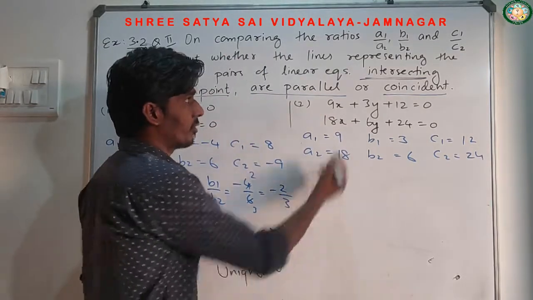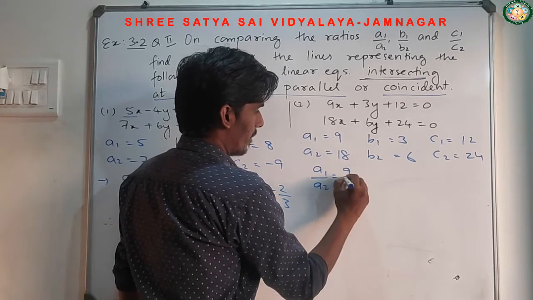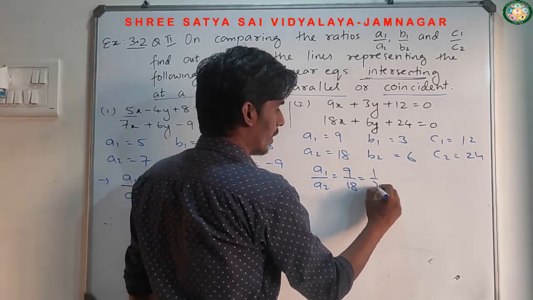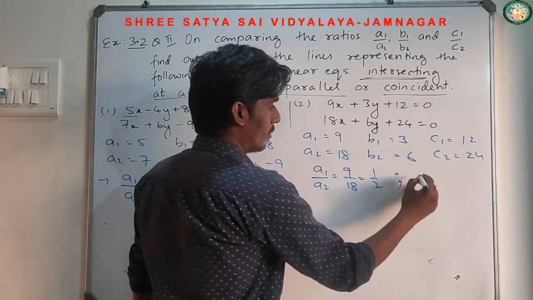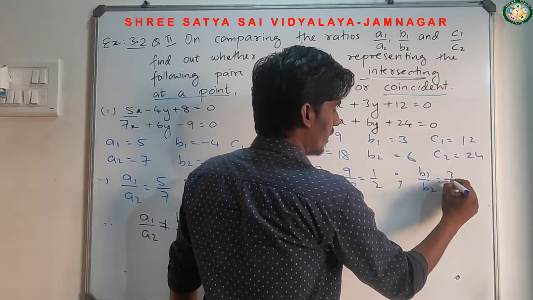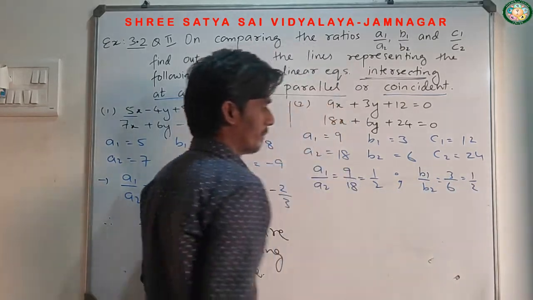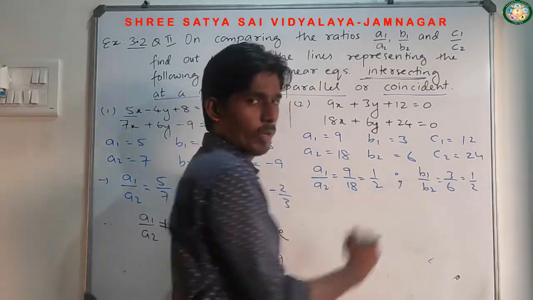Find out all three ratios as given in the question. a1 upon a2, 9 upon 18 means 1 by 2. 9 ones are 9, 9 twos are 18. Find out b1 upon b2. It's 3 upon 6, again 1 by 2. So a1 upon a2 and b1 upon b2 we got 1 by 2, 1 by 2.